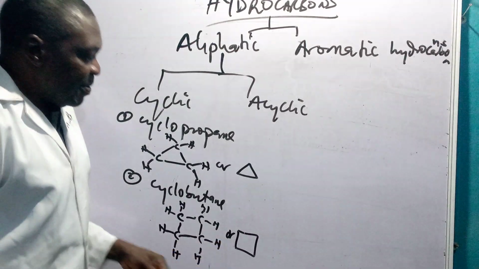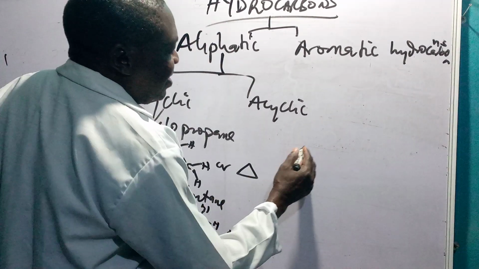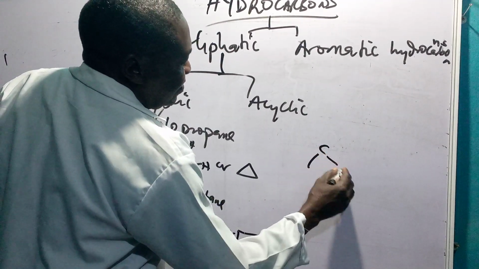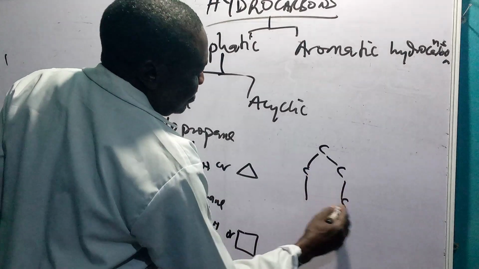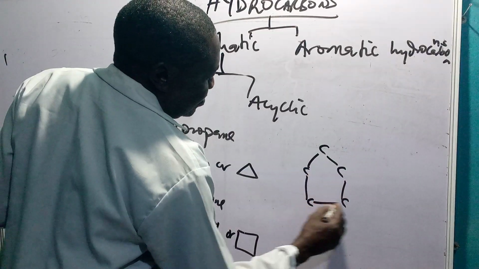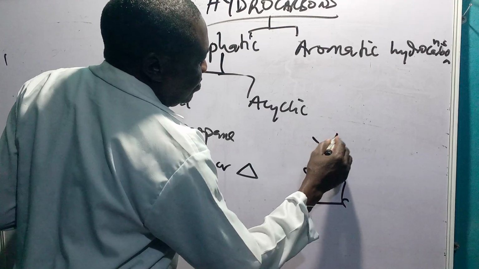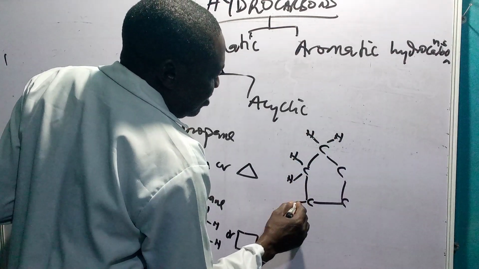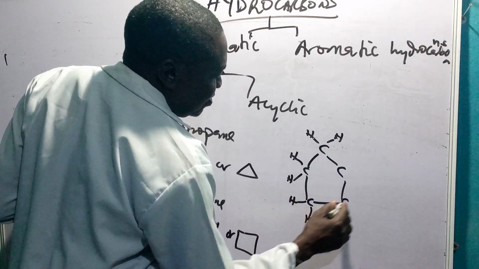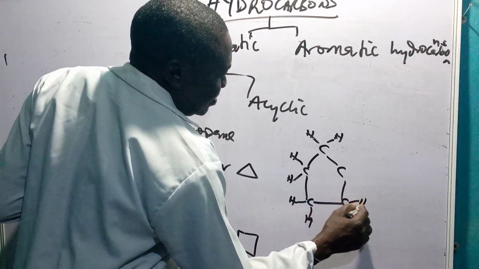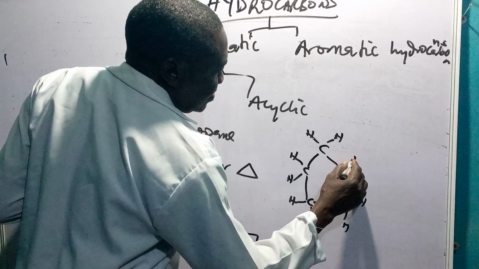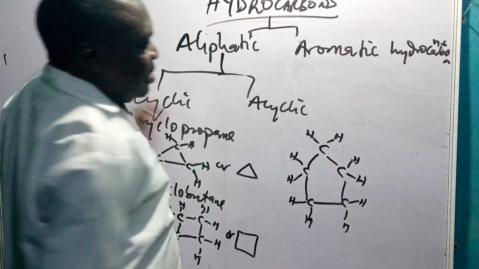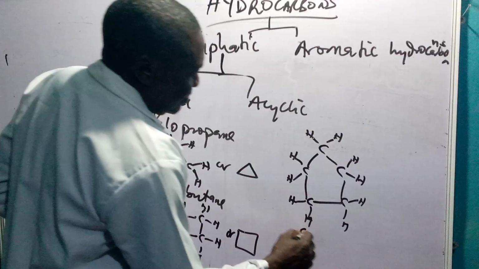So this is cyclobutane. Then we also have cyclopentane. Remember, carbon at every time must be bonded to 4 other atoms. This is cyclopentane.